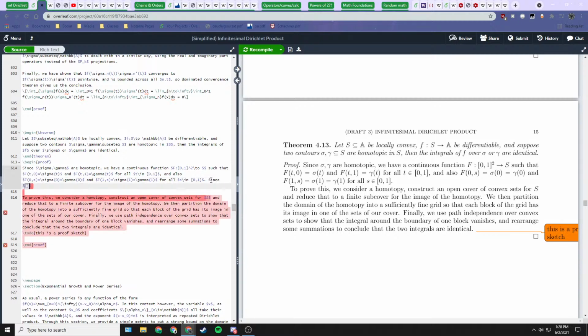Since [0, 1] squared is compact and f is continuous, the image of f over the whole unit square, all the points that f takes, is a compact set.